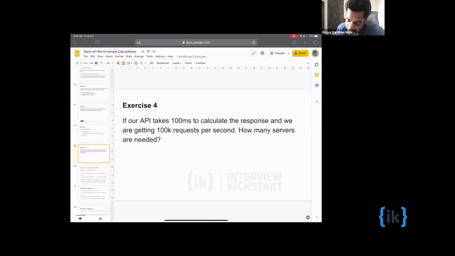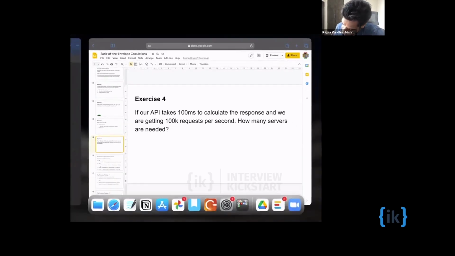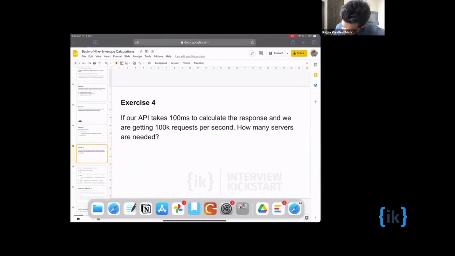Okay. So if our API takes 100 milliseconds to calculate the response, and we are getting 100,000 requests per second, then how many servers will be needed? So let's do this.